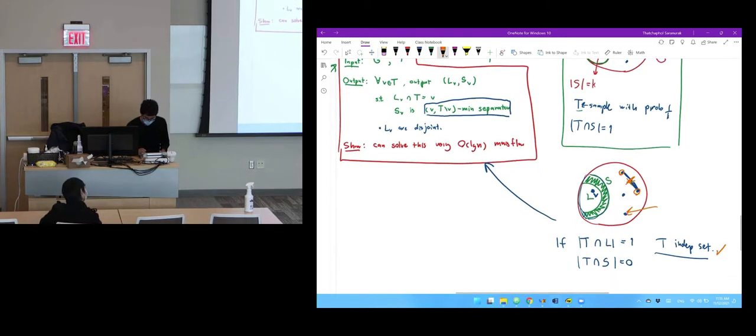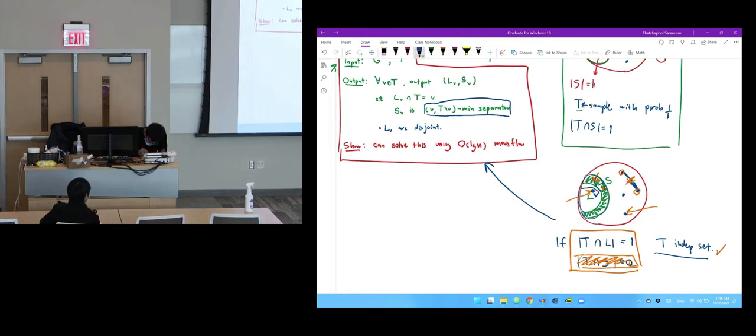But what we really need is these two cases. What I want to point out is that if you don't have this case, then this is a problem, right? Because if there is some terminal node inside S, then the vertex isolating cut for V will need to avoid this guy.